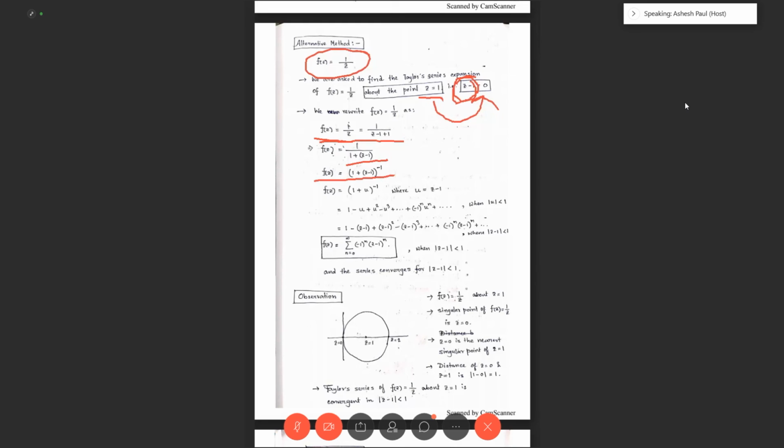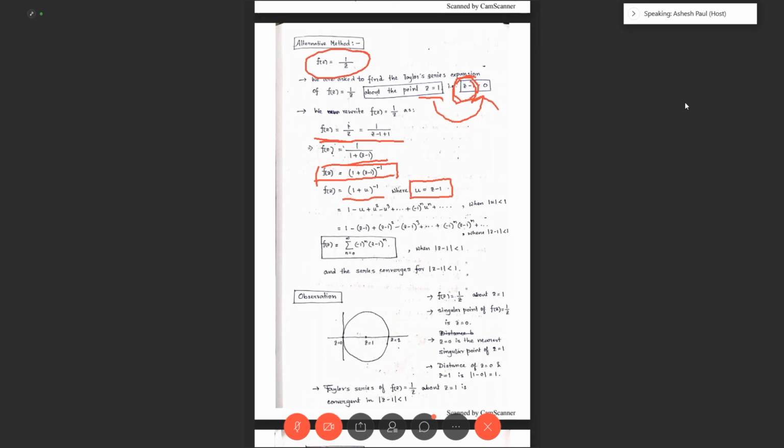We are writing it in the inverse form. Now we put u equal to z minus 1, so f(z) becomes (1 plus u) to the power minus 1.